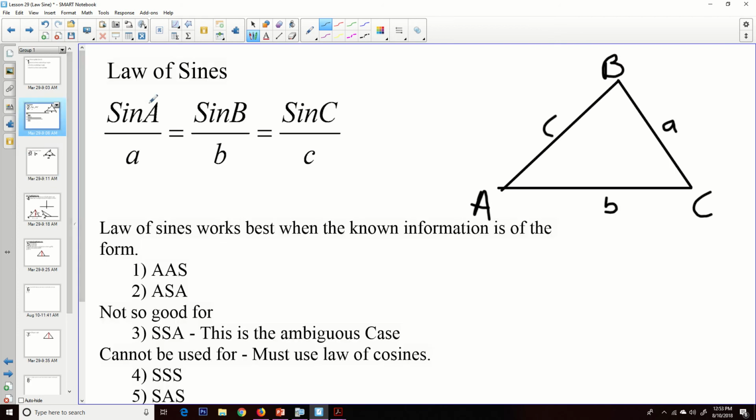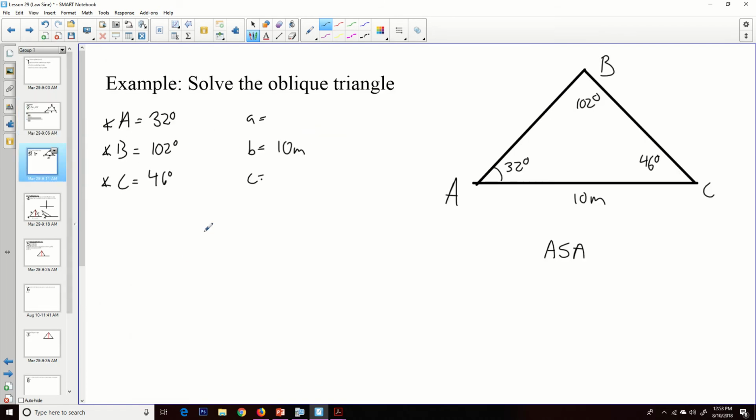So what I can do with that is use it to fill in one of these ratios in the extended proportion. I'm going to solve for little a, so I'm going to set up the given value. I know that the sine of 102, this angle right here, over its opposite side, 10, will be equal to, and again, we're trying to solve for a, the sine of big A, which is 32 degrees, over its opposite side, little a, which would be right here.